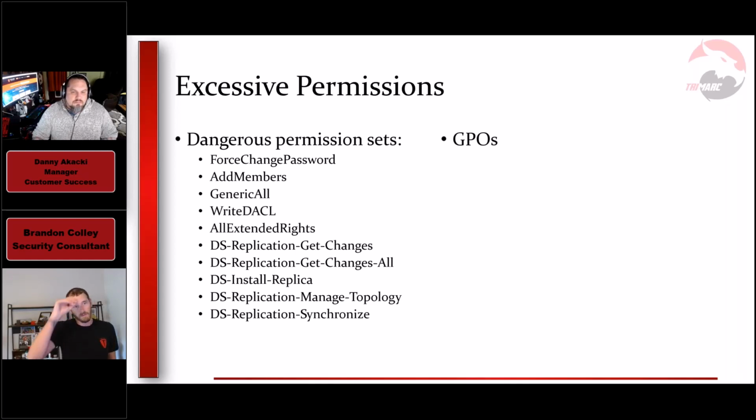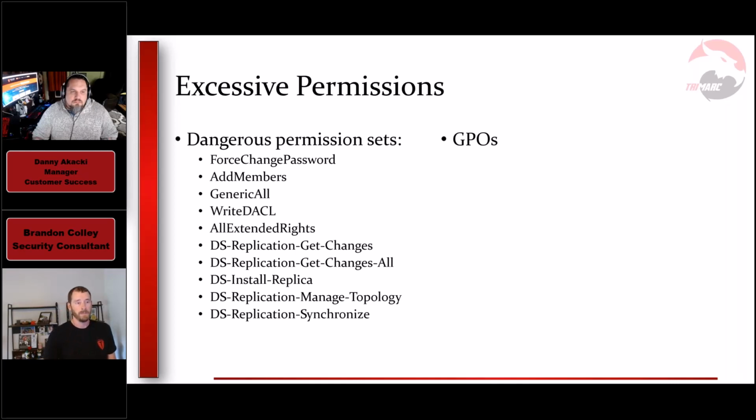So it's not just those. So those permission sets, and usually when I say excessive permissions, my mind and certainly a lot of people's minds are going to go straight to OUs, right? Okay, these permissions are granted directly to an OU, a group, have access to change membership of a group. I can change a password on a user for everybody in this OU.